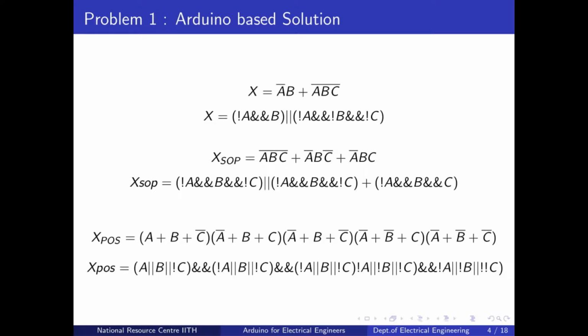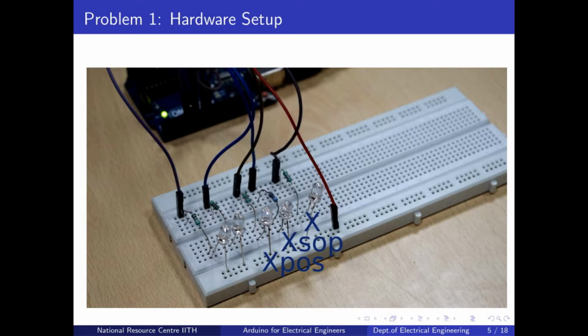So, the hardware setup is here. This is a general hardware setup for GATE based questions solving using Arduino. Here, the first LED refers to the question and the remaining 4 relate to the options.